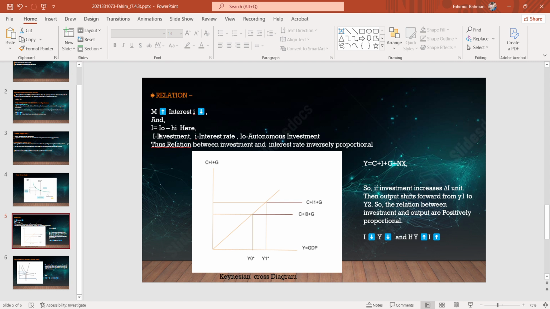In the x-axis, Y naught and Y1 represent different levels of GDP.